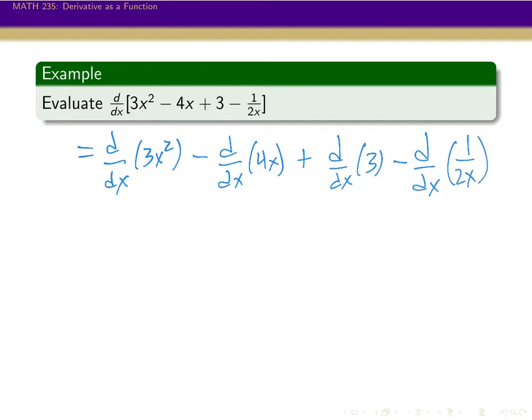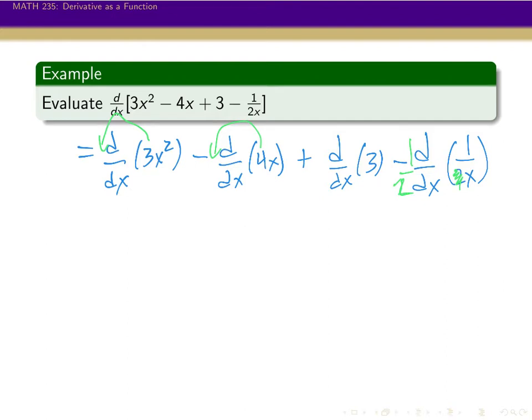Okay, and then each of these have constants in them, and so we can just pull those constants out. And so for the last one, I'd be pulling out a 1/2, so I can get rid of that 2 and pull a 1/2 out.